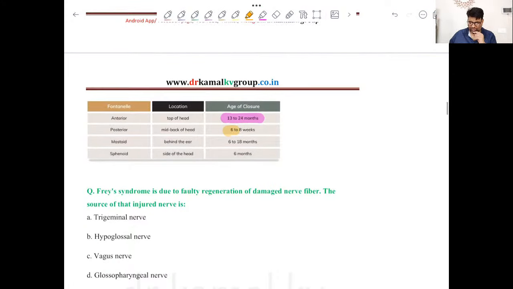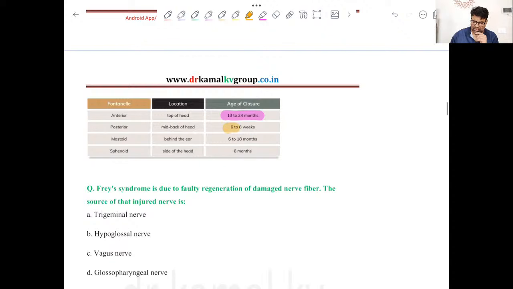Chalo, the next question is a very beautiful concept, and that is related to Frey syndrome. Frey syndrome. Any idea what this Frey syndrome is? Very good, Sneh.